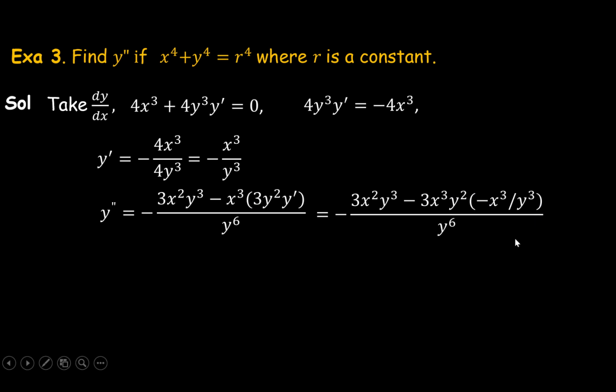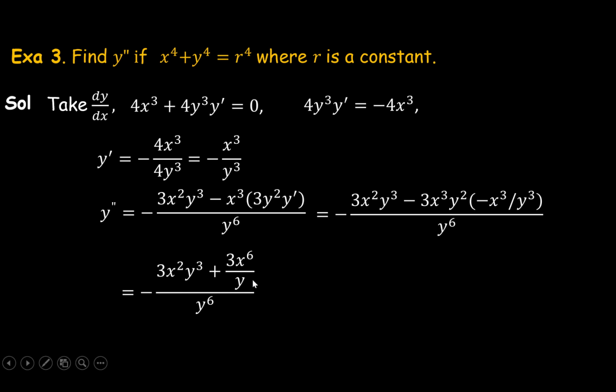Now the rest is just some standard algebra. You can combine the minus sign to become the plus, and the y squared cancels out with y to the third. So we got the following, and we also combine the x to the third with this x to the third to get x to the 6th.